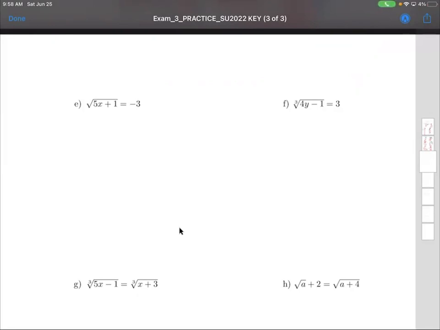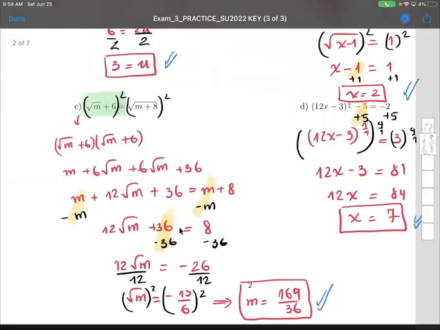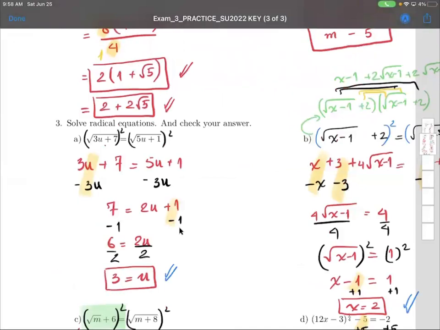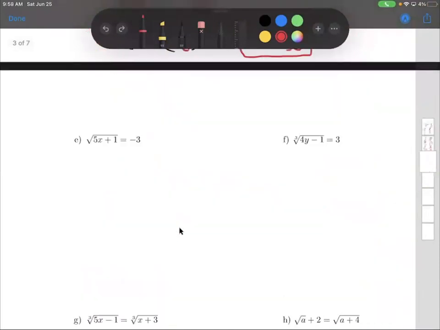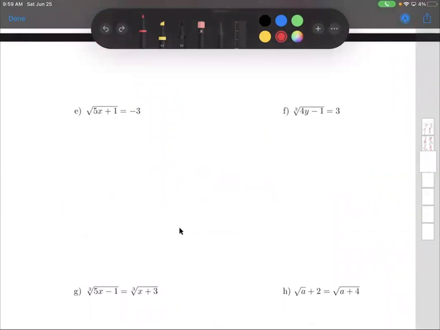So maybe I need to specify my description here. Your answer should be a real answer, not an imaginary answer. So the square root on the left equals a negative number. That's not a real number. Your answer should be none. Or you can go ahead and square both sides, and then when you check it back, it does not equal, then you know that it's not a solution, okay?